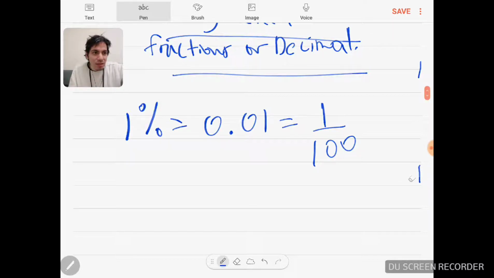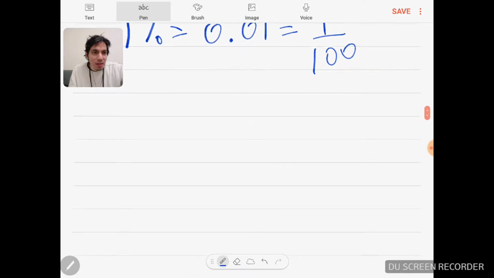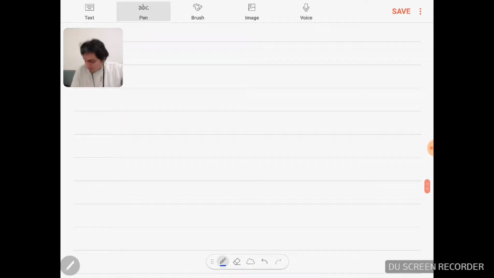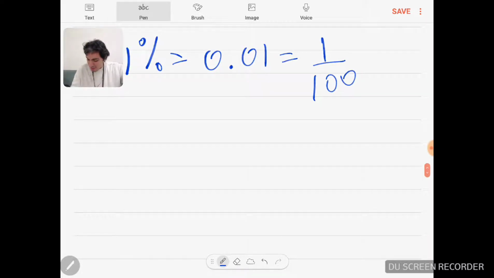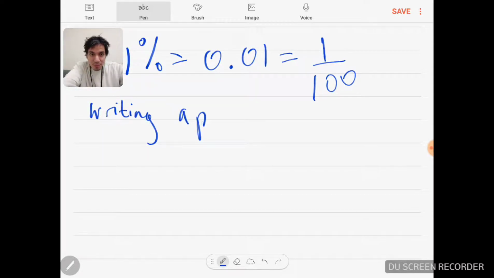Let's erase this. Sorry about that. So let's write down the first part: we're going to be writing a percent as a decimal.